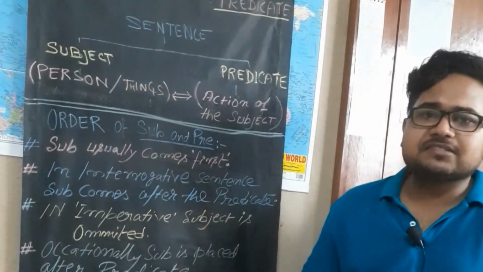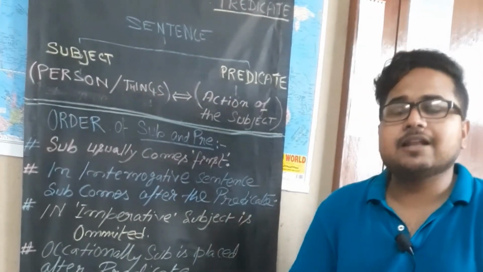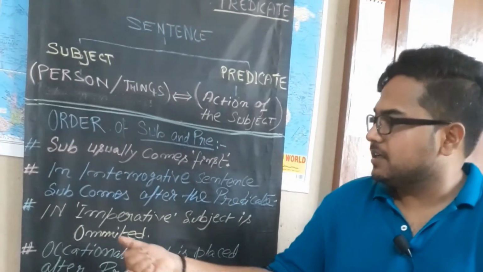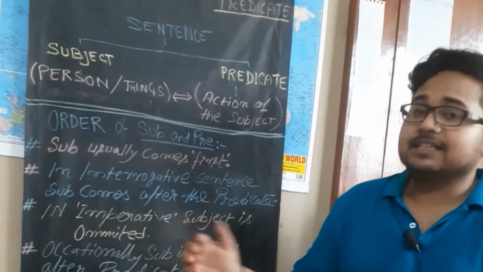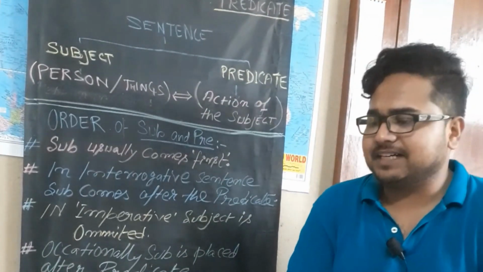So these are the rules generally I have given. In interrogative sentences we will put the subject after the predicate. Next, in an imperative sentence, the subject is omitted. You don't get a subject in an imperative sentence.